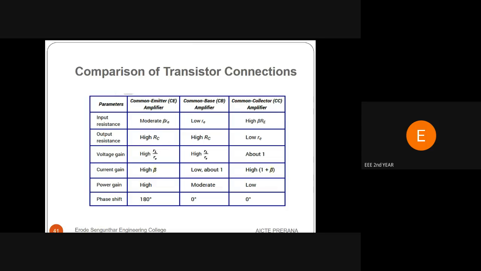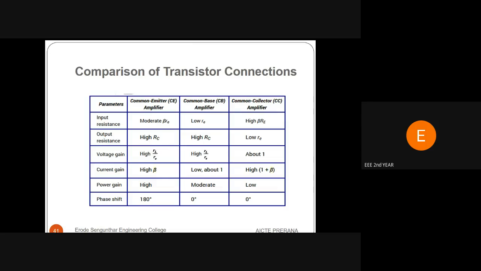The next parameter is voltage gain. The voltage gain of common emitter configuration is high, common base configuration is also high, common collector configuration is low. Next parameter is current gain.